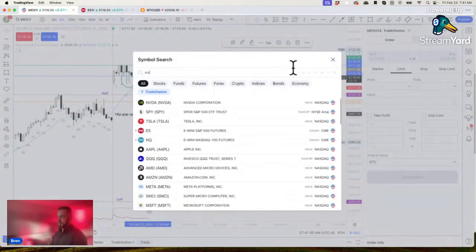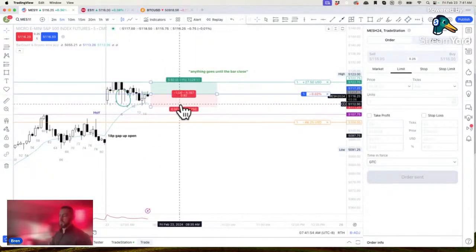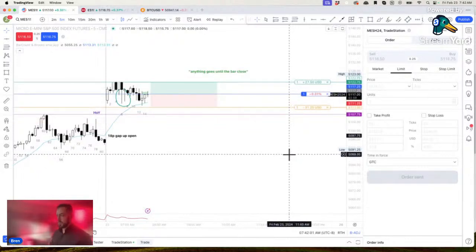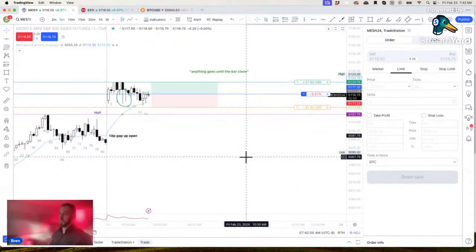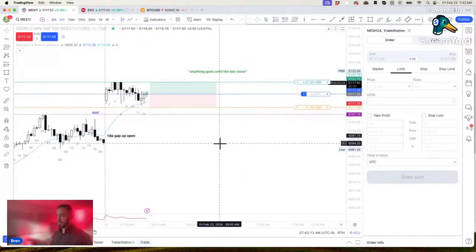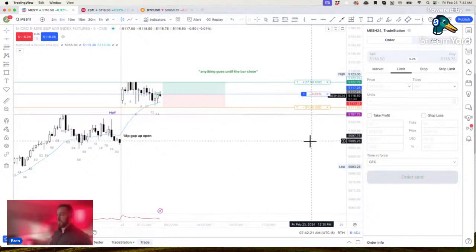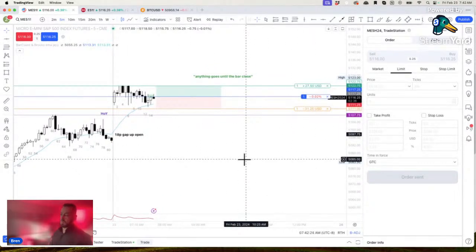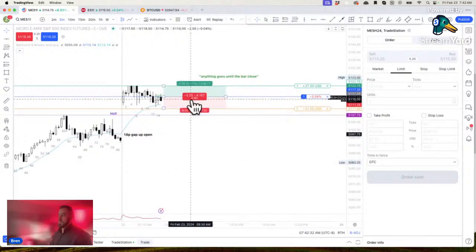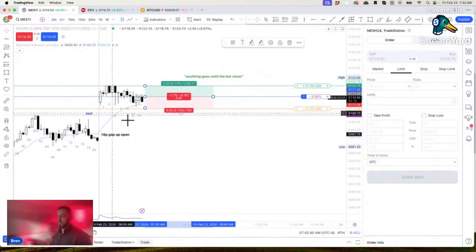Two consecutive bull bars. Coming back down to test the moving average again.